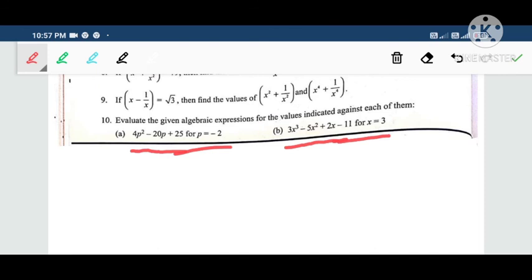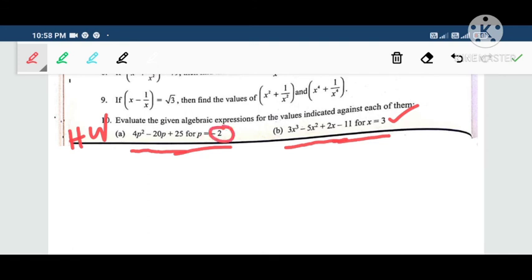Here there are 3 terms, and in the second there are 4 terms. So I will take the second question. By using this method you can solve the first question as homework. The 10th question, a sum 4p square minus 20p plus 25 for p is equal to minus 2, you are supposed to do as homework, and you must concentrate on the negative value.